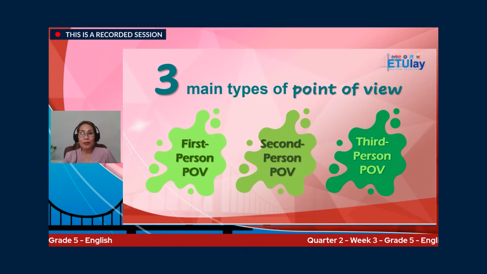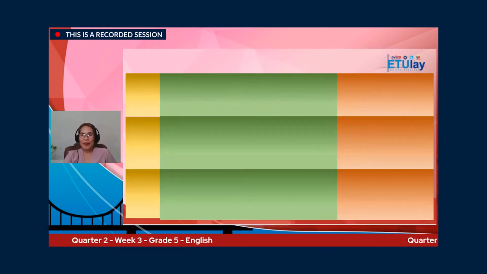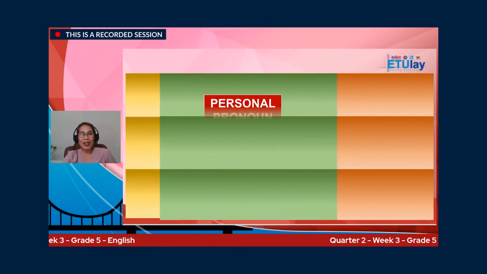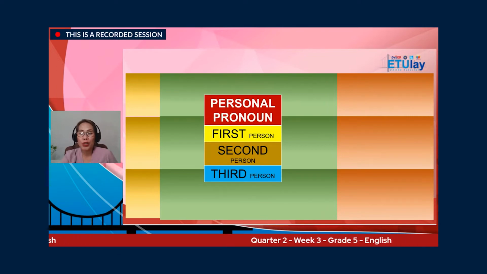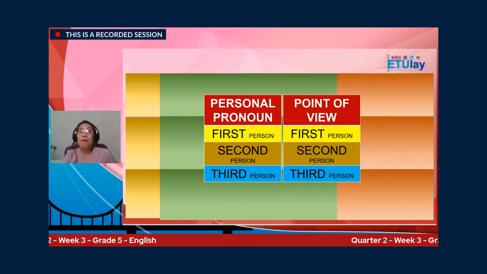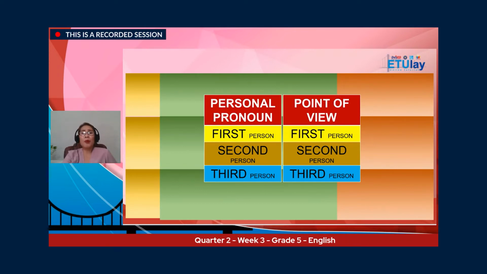A good strategy to follow is to identify the personal pronouns used in the text. Personal pronouns, such as the first, second, or third person, often determine the point of view used in a narration. So, if the pronouns used in a narration are in the third person, the point of view in that same text is also in the third person. Got it?